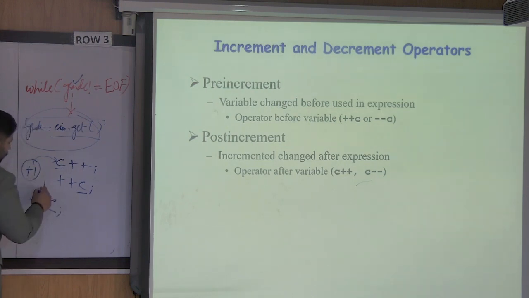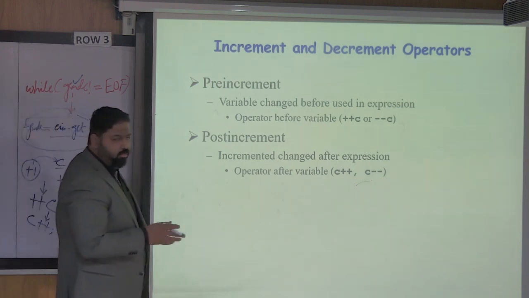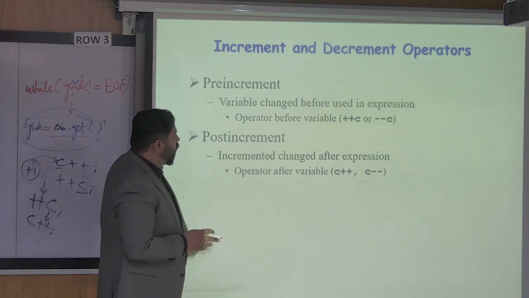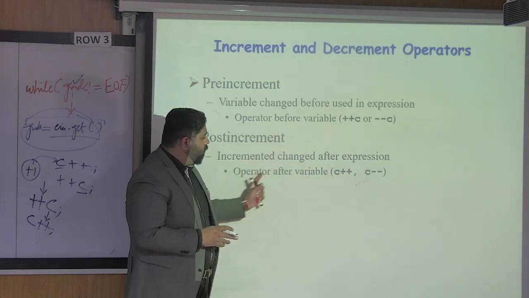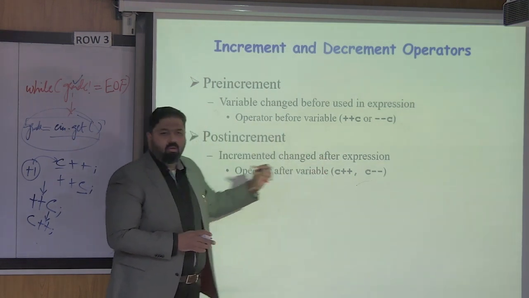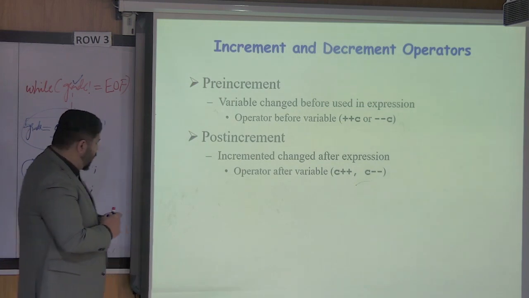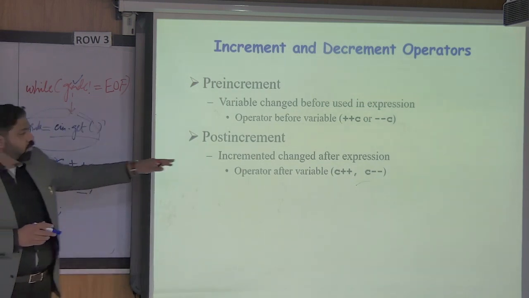Think prepaid, postpaid: in prepaid you pay first, in postpaid you get billed afterwards. Pre is where the operator comes before the operand, post is where the operator comes after the operand. What is the difference between them? We have to analyze that. Operator before, operator after. In both cases, the operator could be addition or subtraction.